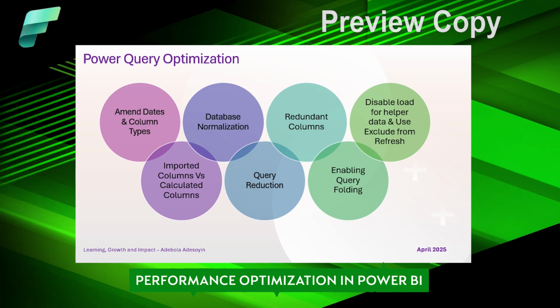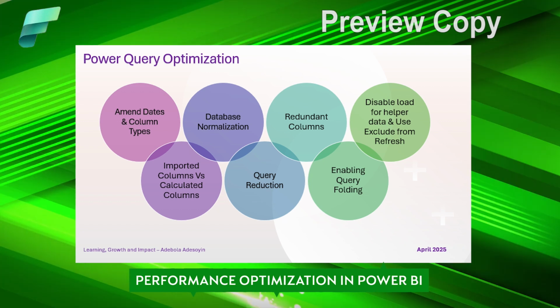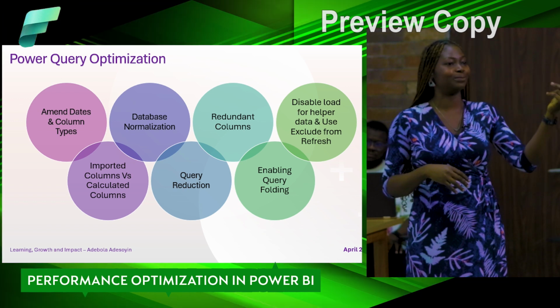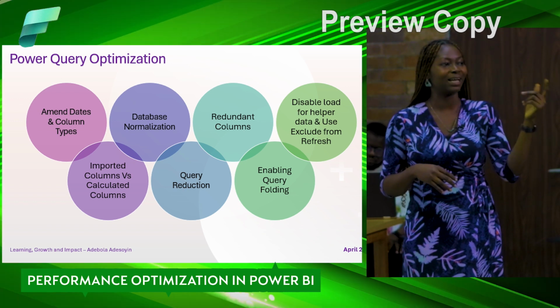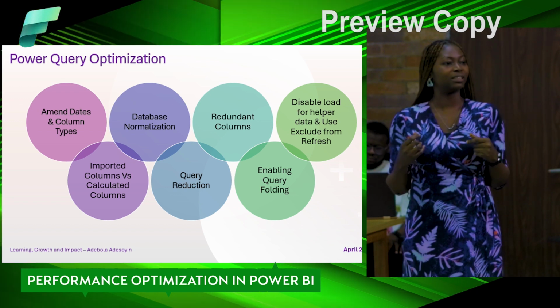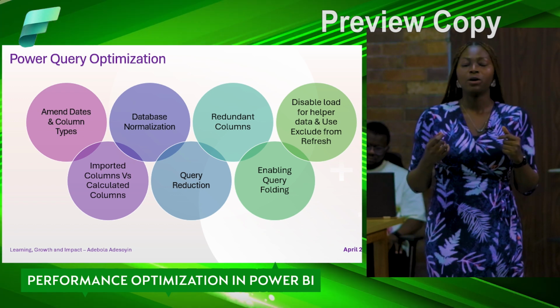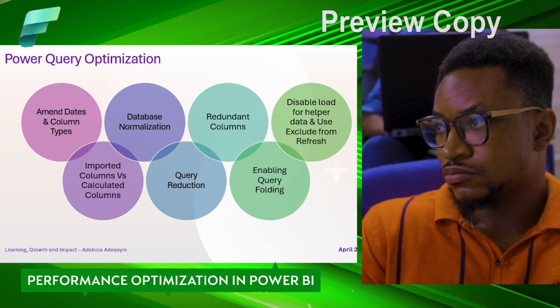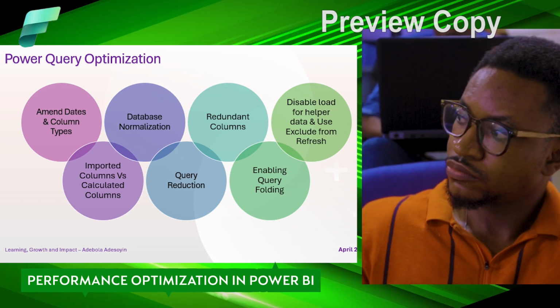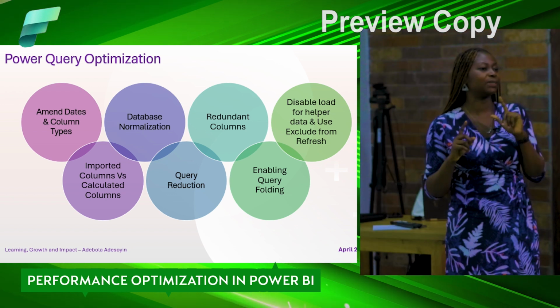The first one says amend data and column types. Majorly when we get a data set from the data source, we have different data types. Some are integer, some are decimal, some are dates, some are date and time. When we load them into Power Query, we also have the privilege of changing the data types. However, there are some data types that can impede our performance, especially date time.